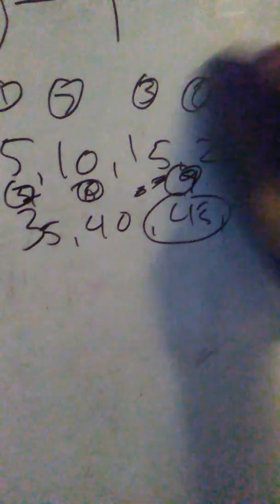So we found our answer right here, which is 45. 5 times 9 is 45. And then, be sure to do this somewhere else where you have the necessary room to do it.